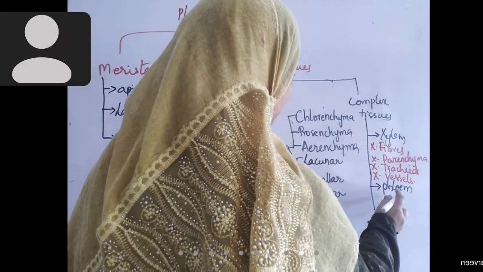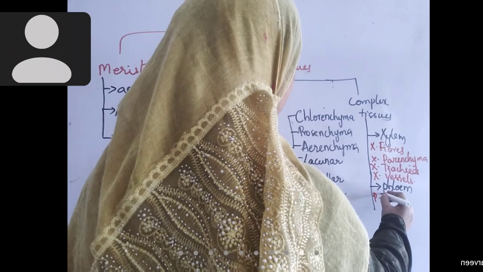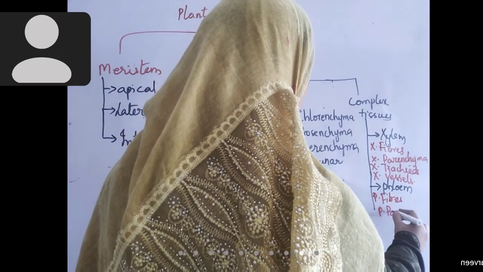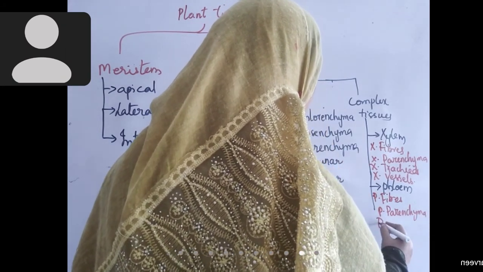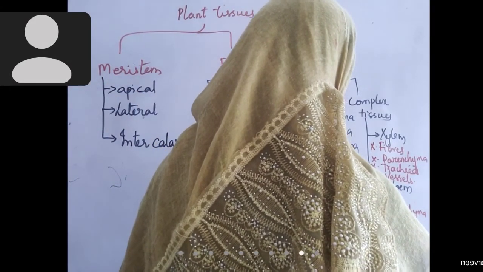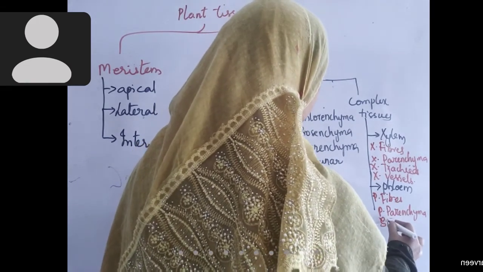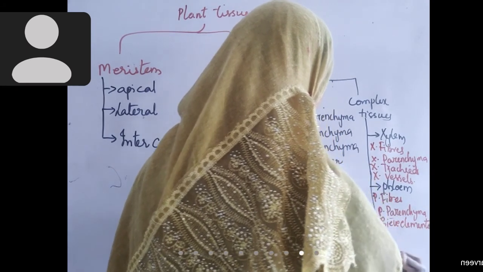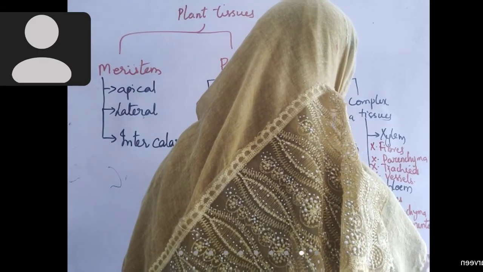Phloem is again having components. It's not classification, components only. Phloem fibers, phloem parenchyma, after parenchyma, we have sieve elements. Simply, you can call them sieve elements. And lastly, companion cells.